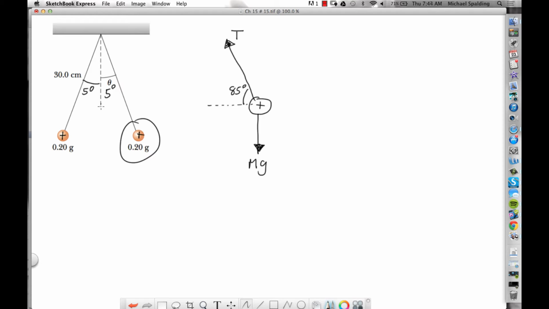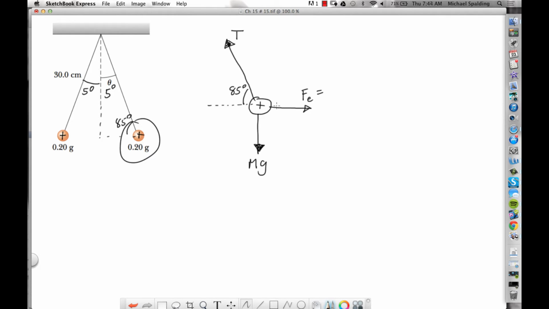This angle in here would be 85. And then the one additional force is an electrostatic force, because charges exert forces on each other. We have positive charges, they're going to repel, which is why the spheres are swinging out like that.